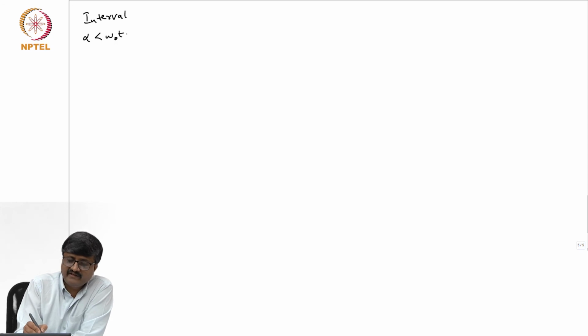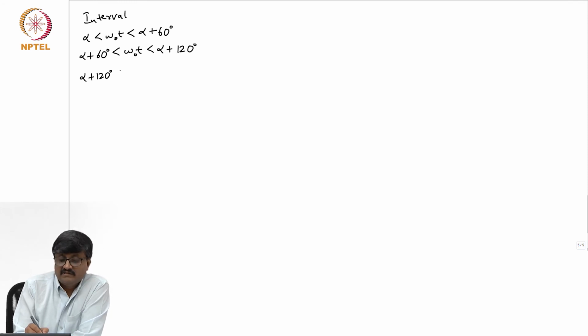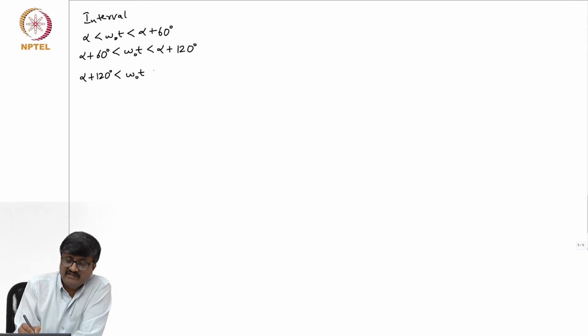So let us take all the 6 intervals. Omega t greater than alpha and less than alpha plus 60 degrees. Then alpha plus 60 degrees less than omega t less than alpha plus 120 degrees. Alpha plus 120 degrees less than omega t less than alpha plus 180 degrees. And so on.